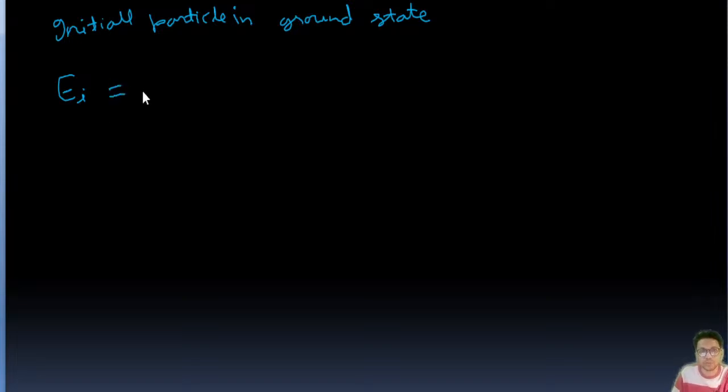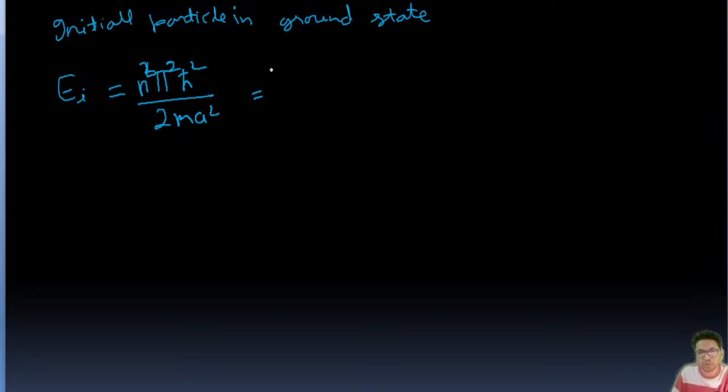So this is going to be pi square h cut square. It's a 1D box, so n is going to be 1. I will write n square pi square h cut square upon 2ma square, that we know.